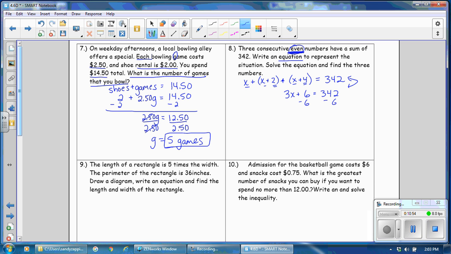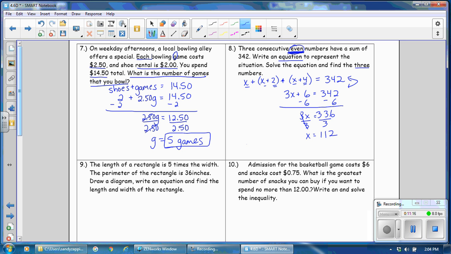Subtract 6 from both sides, bring down the 3x. 342 minus 6 is 336. Divide by the coefficient, and the value is 112. So it says find the 3 numbers.